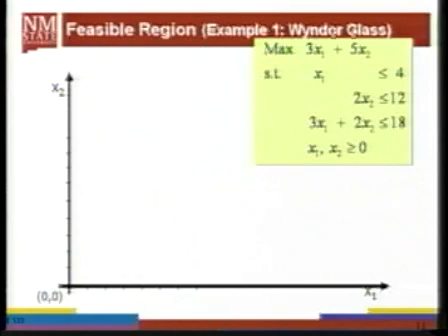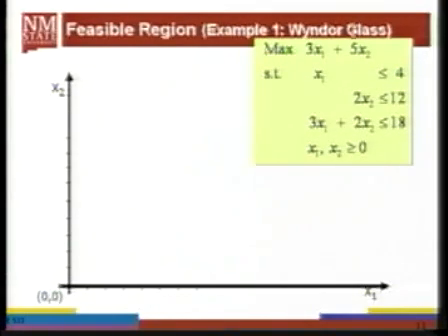The procedure involves constructing a 2-dimensional graph with x1 and x2 as the axes, right? And the first step is to identify the values of x1 and x2 that are permitted by the restrictions.